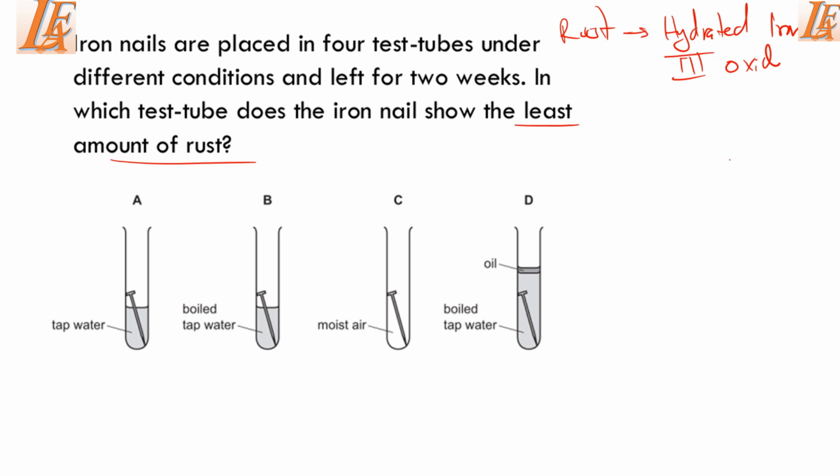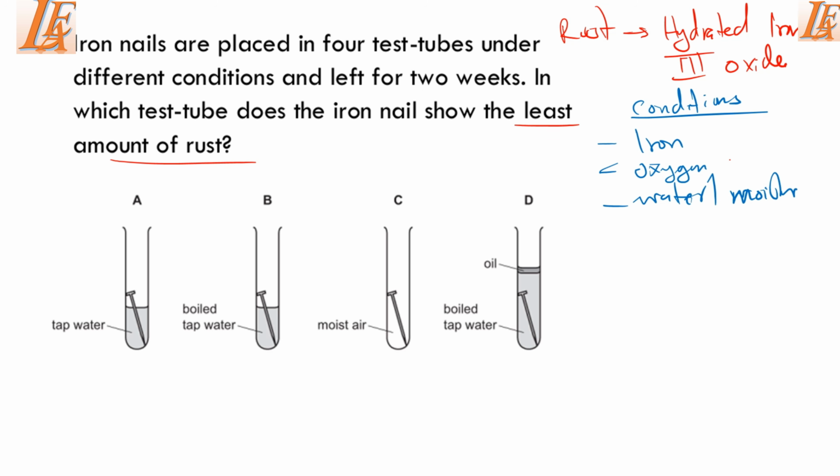It means it's iron which has reacted with oxygen and water. Therefore, in this case, we have conditions which must be there for rusting to take place. The first one is iron itself, second one is oxygen, and then the third one is water, or what we call moisture.